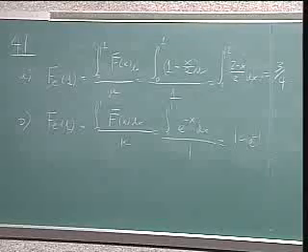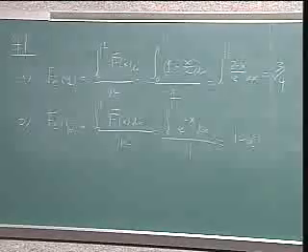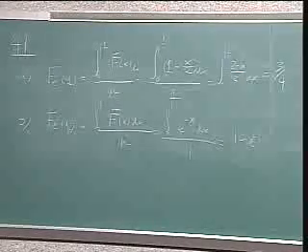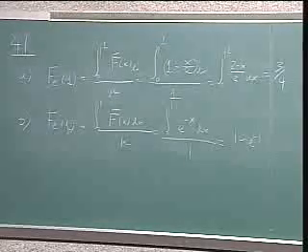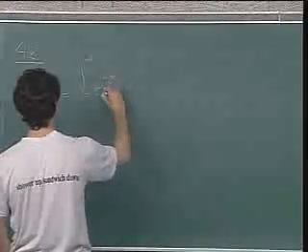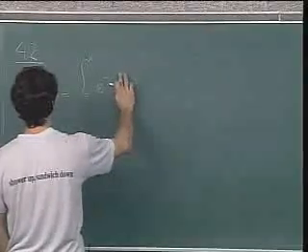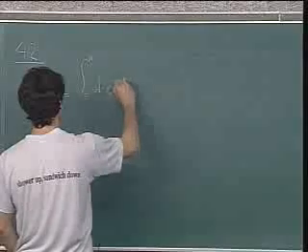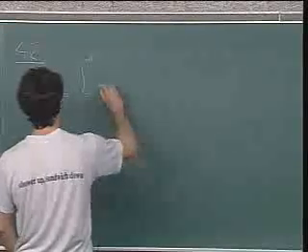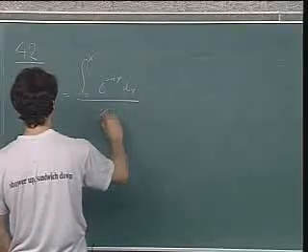Now, the equilibrium distribution is defined. Show that if F is exponential, then the equilibrium distribution is the same as the regular distribution. So let's see. We have lambda times e to the minus lambda y dy divided by 1 over lambda.